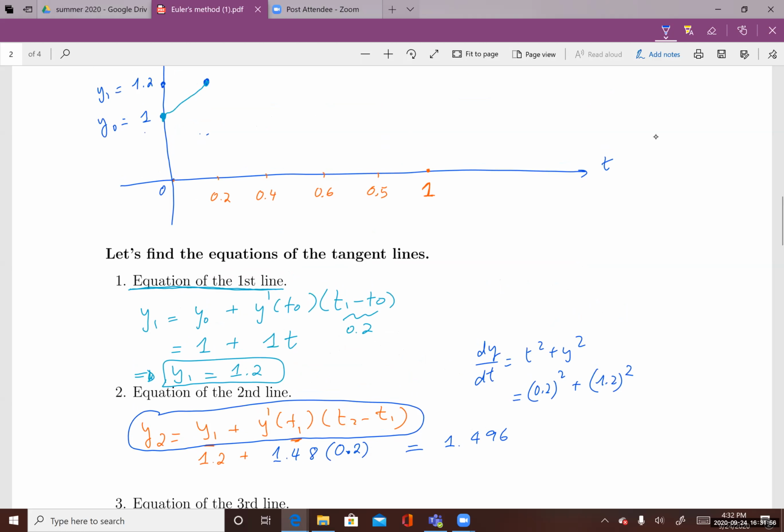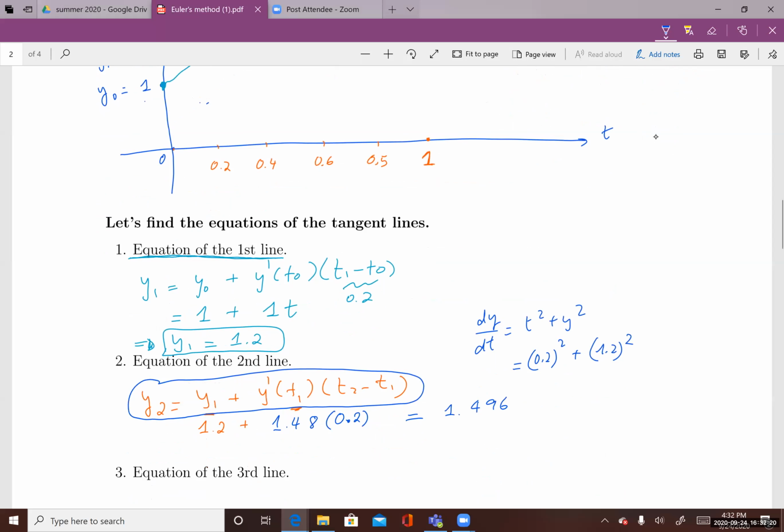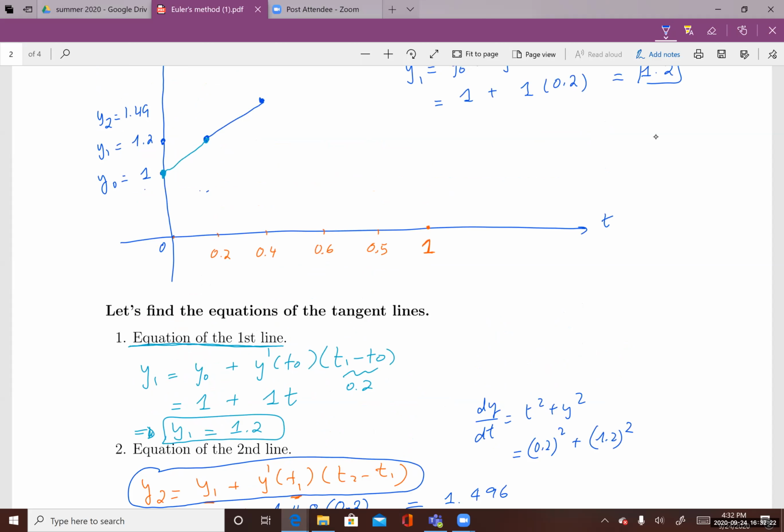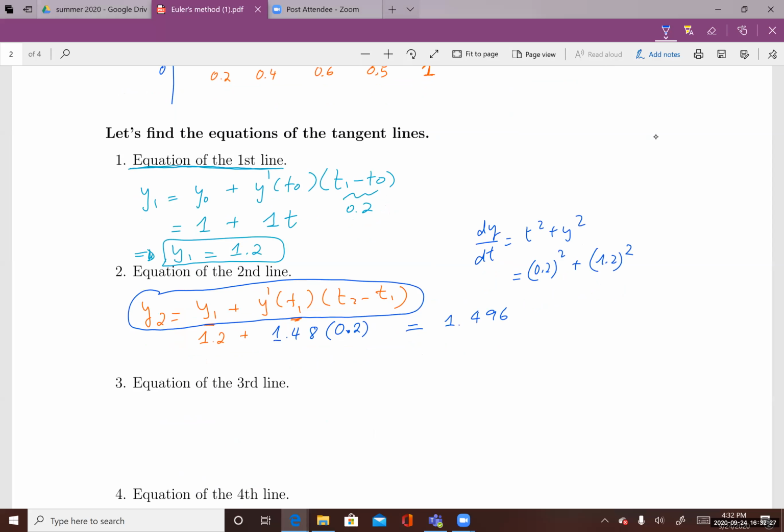Okay. So y2 is 1.496. So that means when t equals 0.4, y2 is about 1.5. So this is the value of y2 at t equals 0.4. Okay. Again, we use the previous point to estimate the next point.